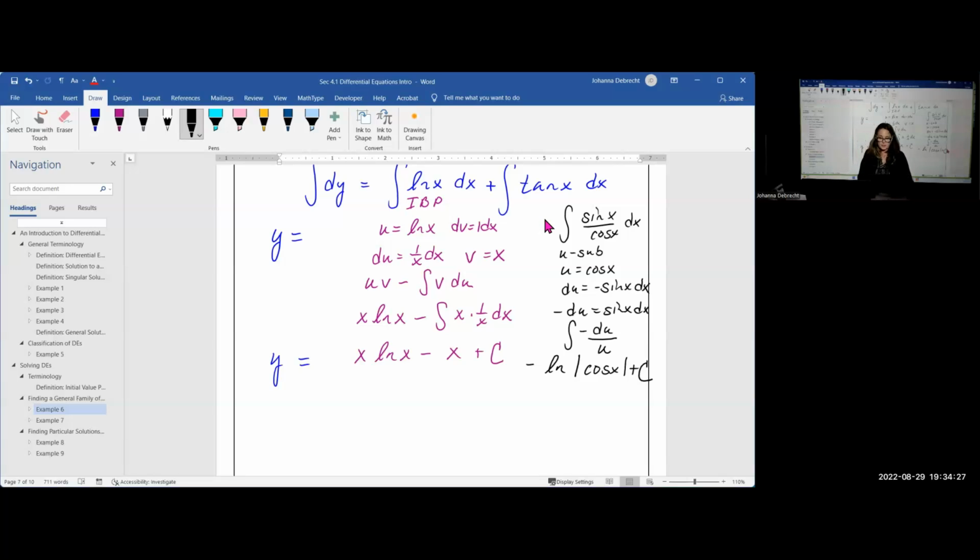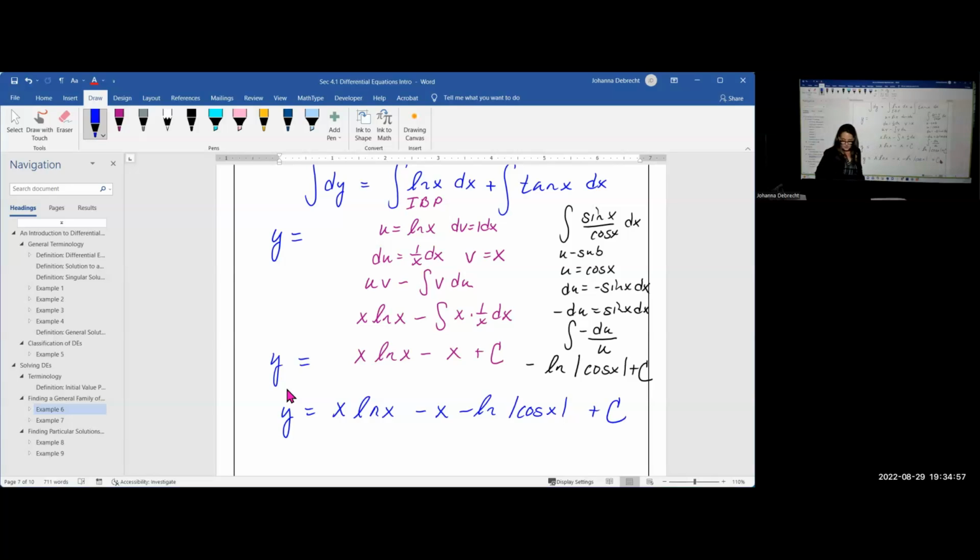So hopefully this rings a bell with everyone. And then notice that because I integrated two different things, I have two different constants, but a constant plus a constant is just a constant. So we roll them all together into one big constant. And we say that the general solution is y equal x natural log of x minus the natural log of the absolute value of cosine of x plus a combined constant, all right?